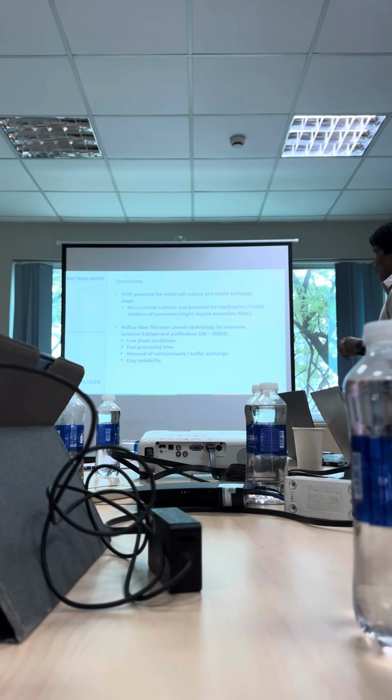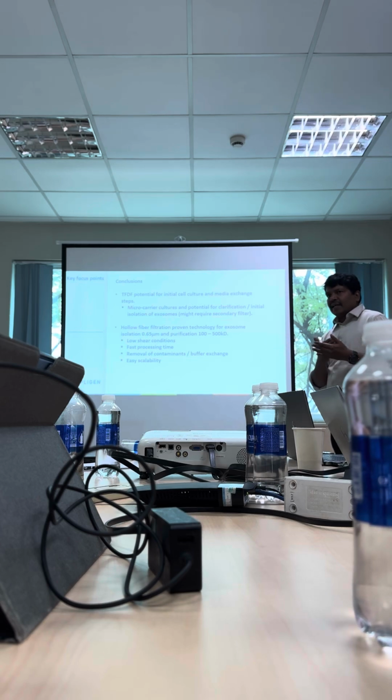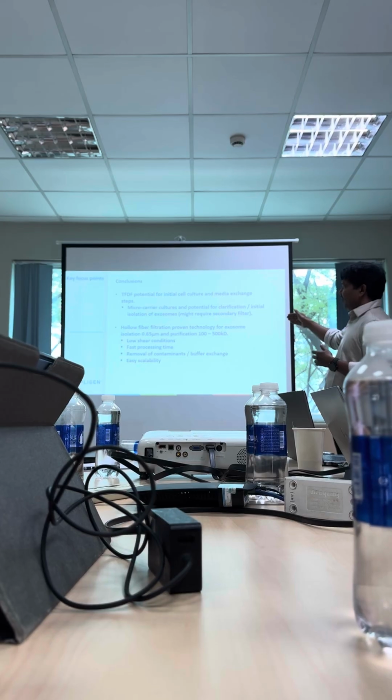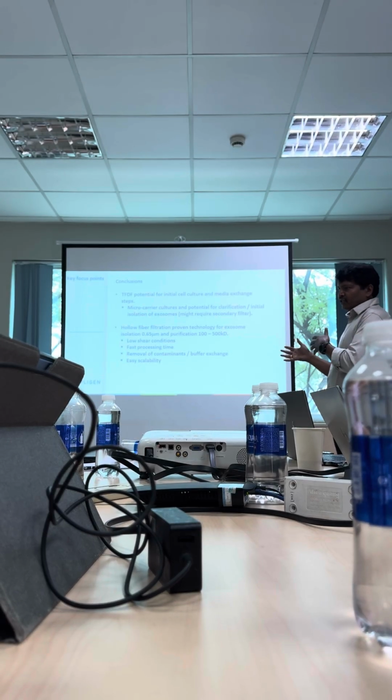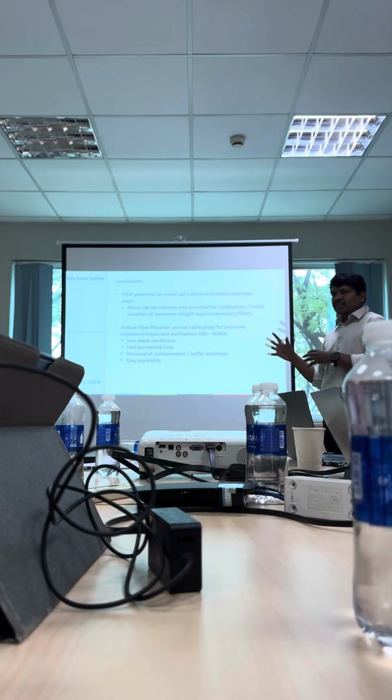When it comes to the hollow fiber, I say 0.65 would be the better option for the primary clarification, and 10K, 100K to 500 kilodalton would be the second purification stage of exosomes, with lower shear conditions, fast processing time, better removal of contaminants, and also easy scalability. So this is the advantage over the centrifugation step, compared to membrane clarification and concentration for isolation of exosomes.